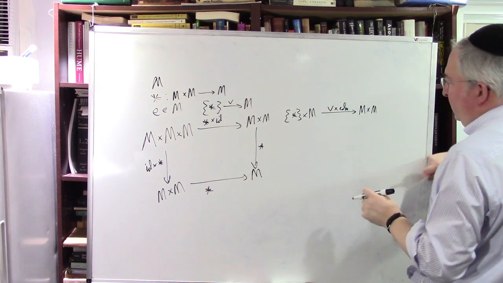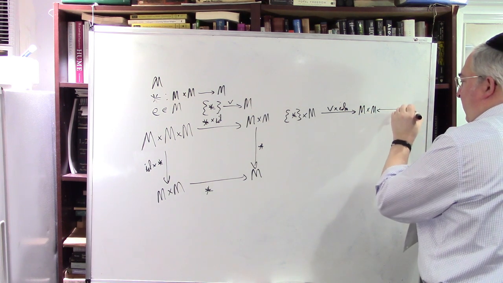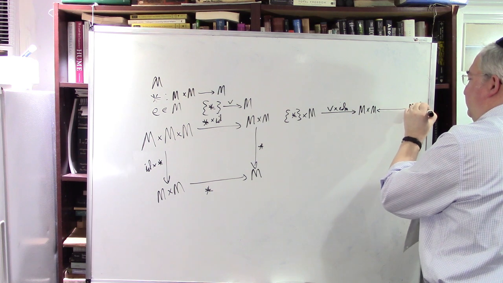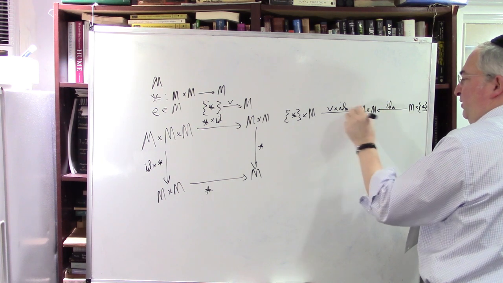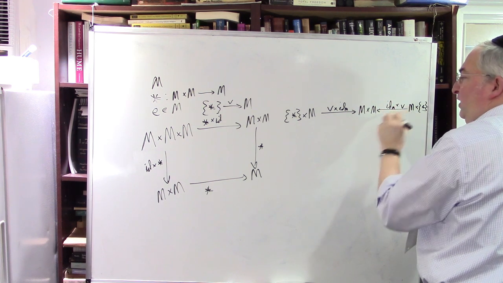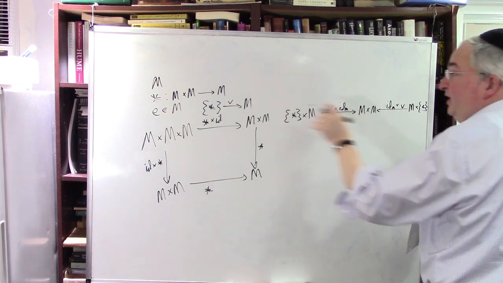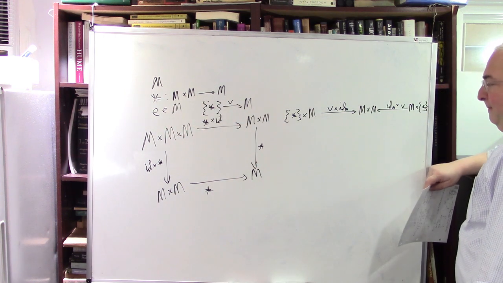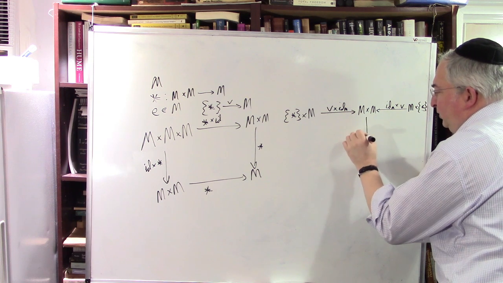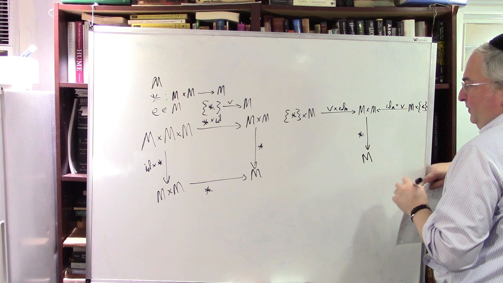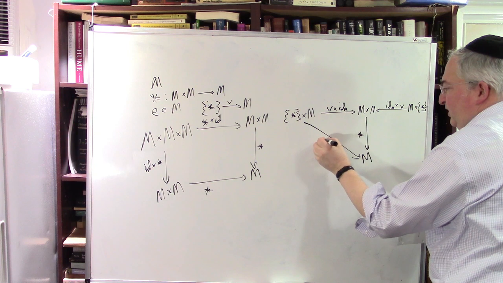I want to also do it on the other side, so I'm going to have M cross the single element, and this is identity on M, just like we had before, cross v. This picks out the e in the monoid, and what I want is as follows. Let's multiply these things, and what we get is as follows. This is an isomorphism.